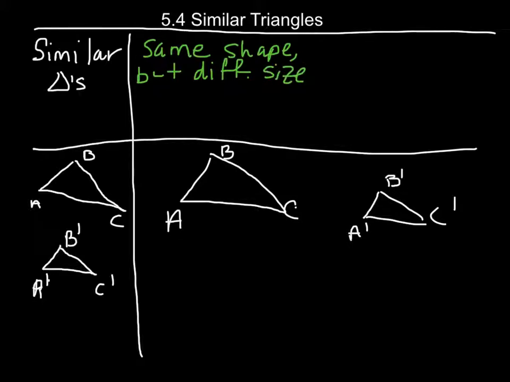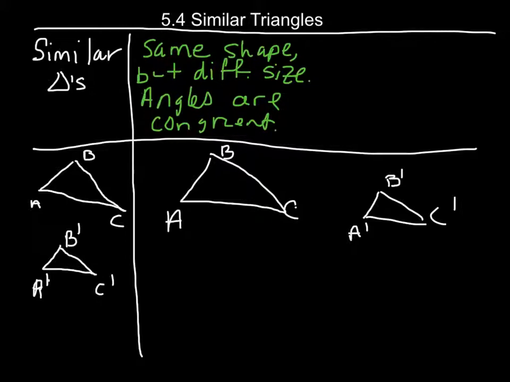Also, similar triangles have all angles congruent, meaning the same. So the angles are going to be the same, but the sizes are going to be different. There's a second thing that goes along with that.